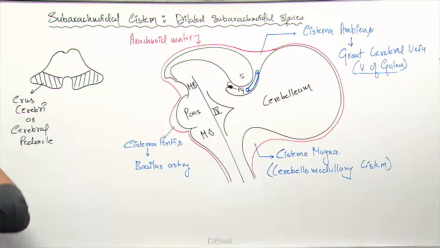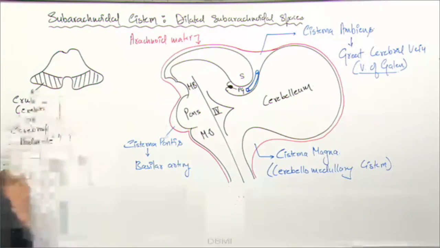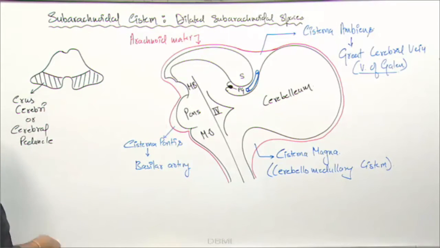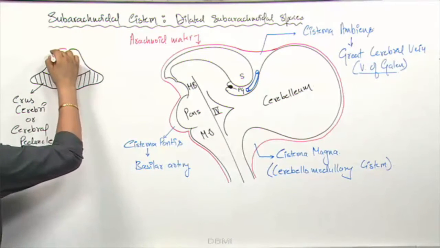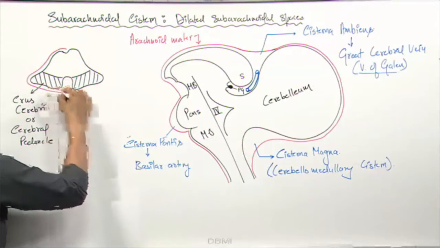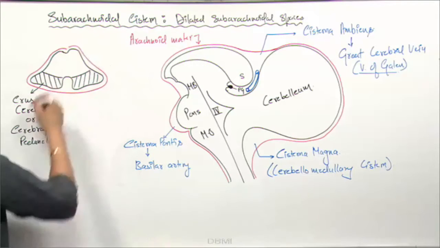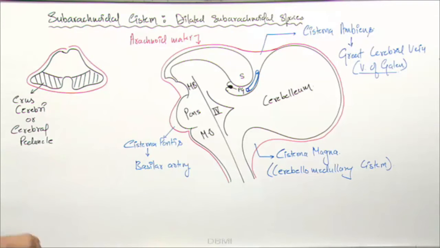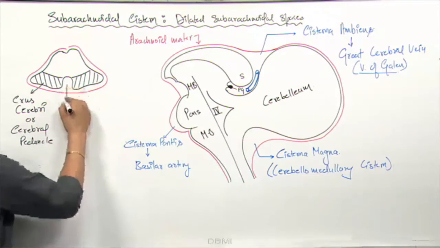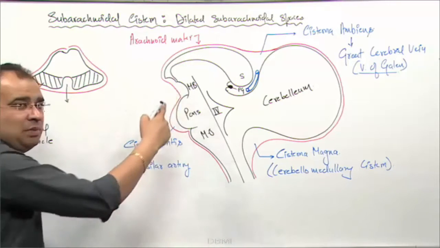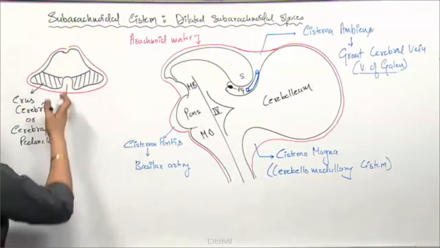This space between the cerebral peduncles here, this region, let's say if I cover this with the arachnoid mater, now what is this cistern here? This cistern is the one which you are looking at in front of the midbrain, because the section goes through the midline.